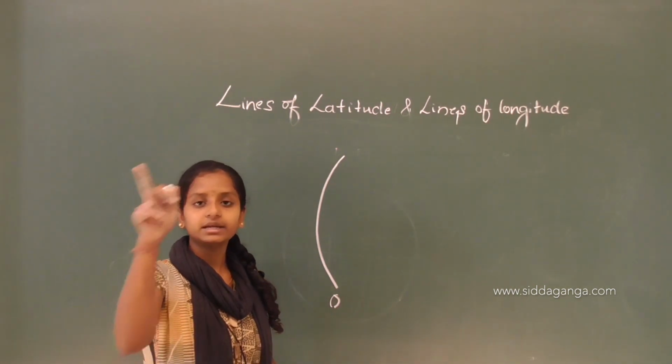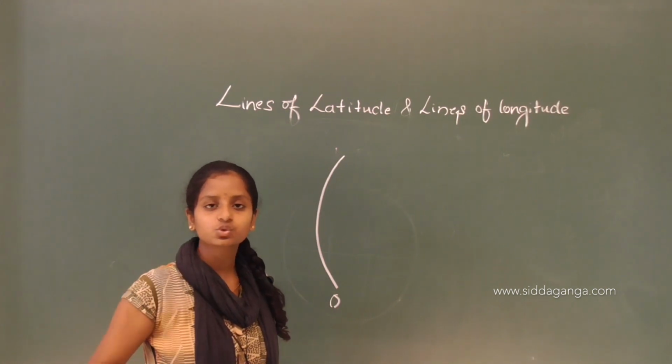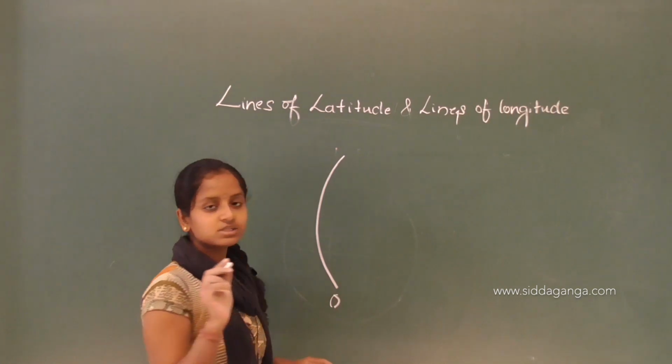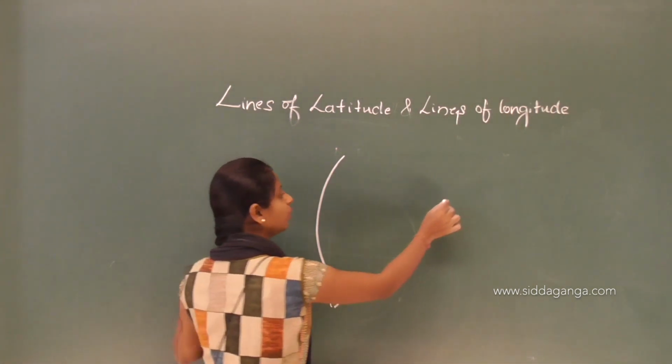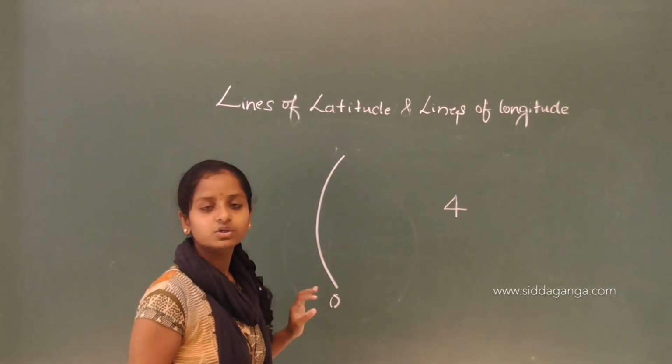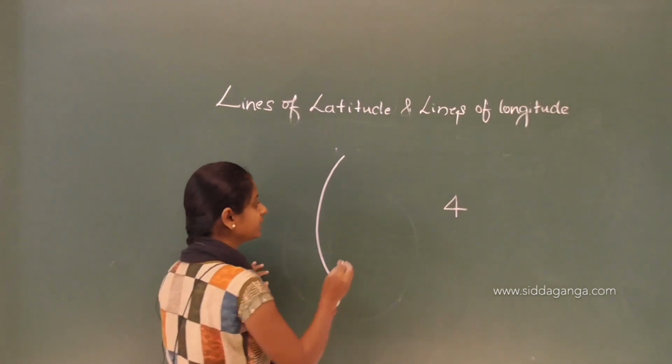Our Earth takes 24 hours to make one rotation. So it takes 4 minutes to rotate 1 degree.